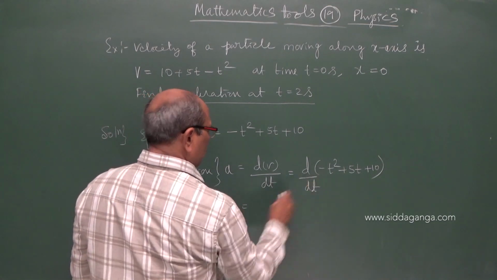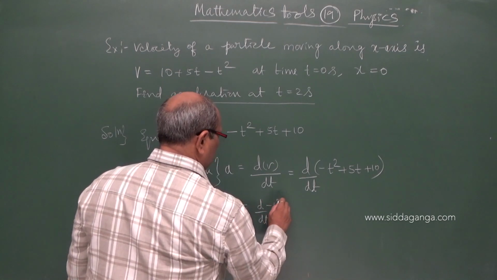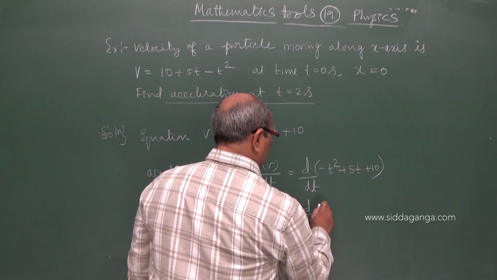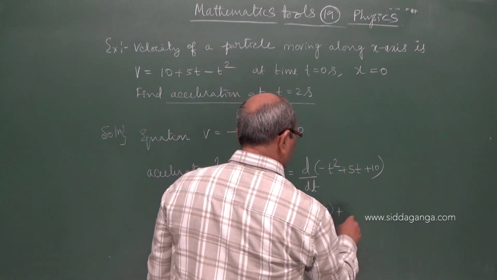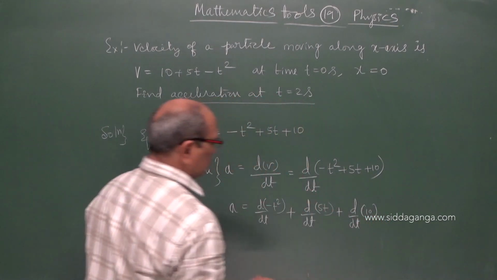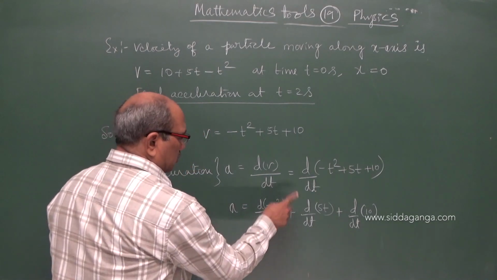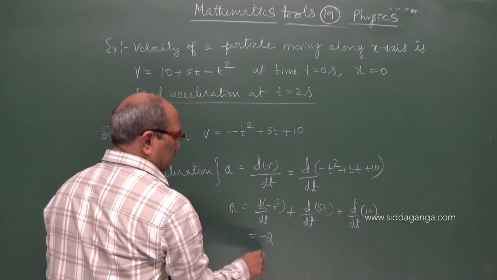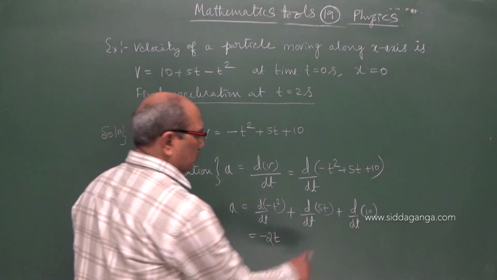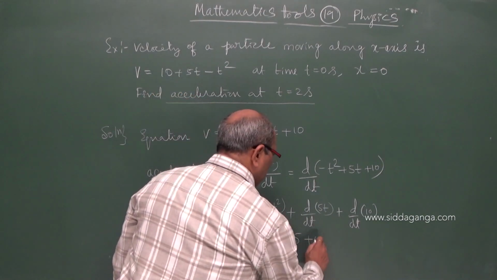That is equal to d by dt of minus t square plus d by dt of 5t plus d by dt of 10. The minus is brought out; x power n is n into x power n minus 1, therefore it becomes 2t. Here 1 loses, plus 5, and this becomes 0.